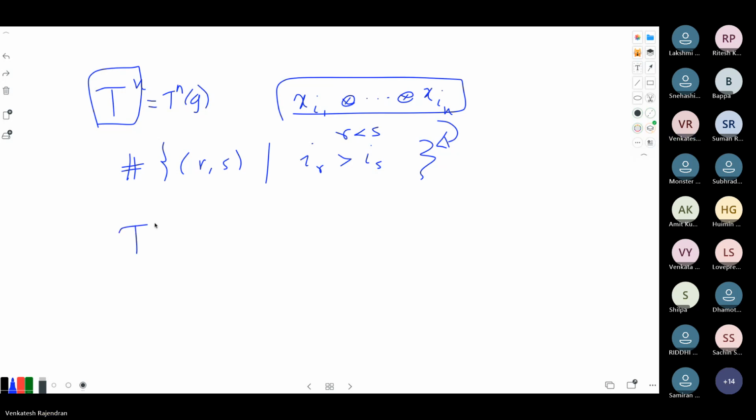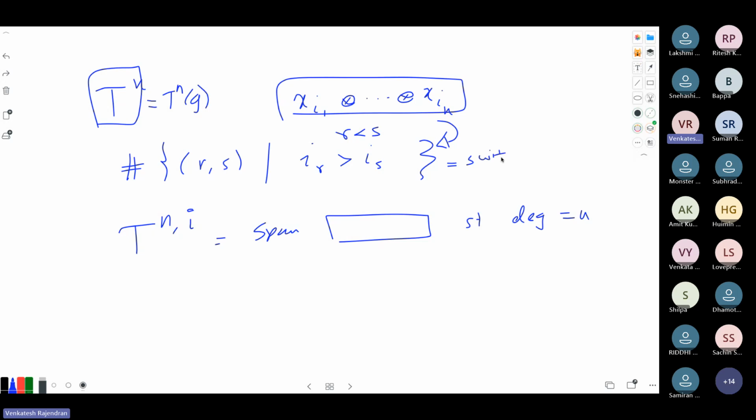You can define Tn,i to be the span of all these monomials such that the degree is n and the switch number is exactly i.